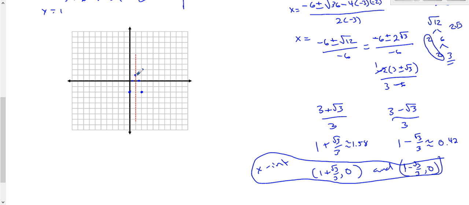Then, knowing what parabolas look like, I can graph down through my points with a curve. Don't make it a point up there, because parabolas don't make points. Do make it a curve as you go through the vertex. And that's my graph. Okay, so that was part D.